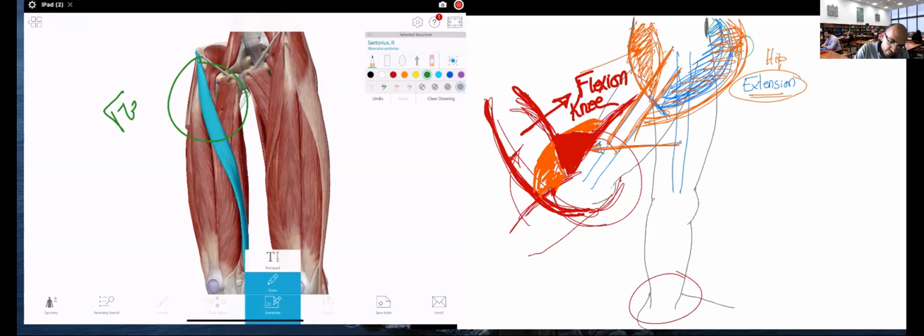Flexion of the hip. Passing behind the knee, what action would I have on the knee joint? Also flexion. And this is going to be the only muscle that performs flexion of both hip and knee.